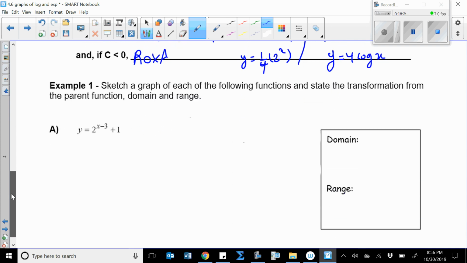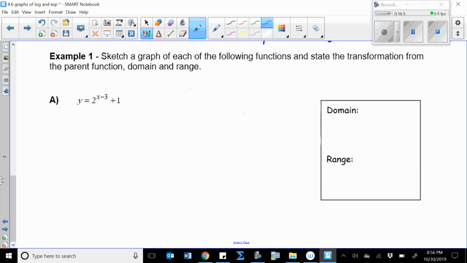Now let's try to graph this function. When we're trying to graph a function like this, the first thing is to identify the parent function. The parent function, as we talked before, will be y equal to the base to the power of x, because this is an exponential function.